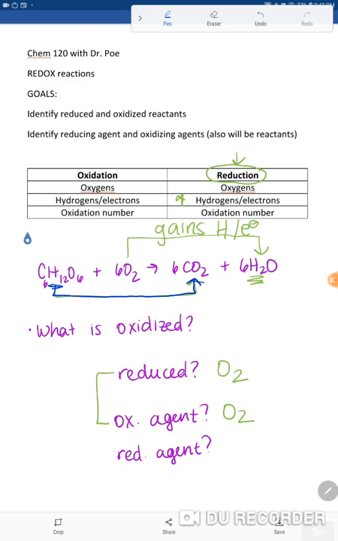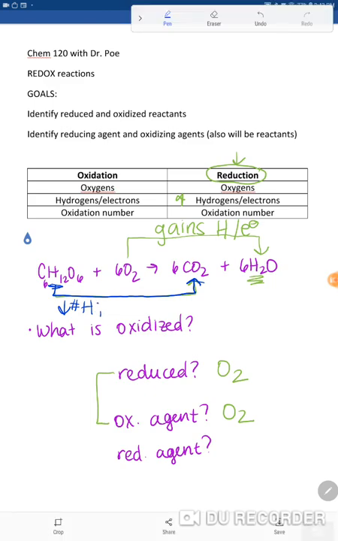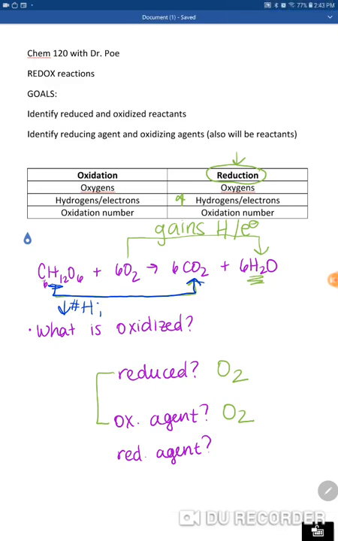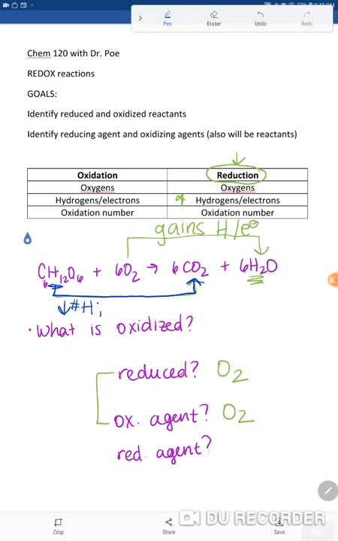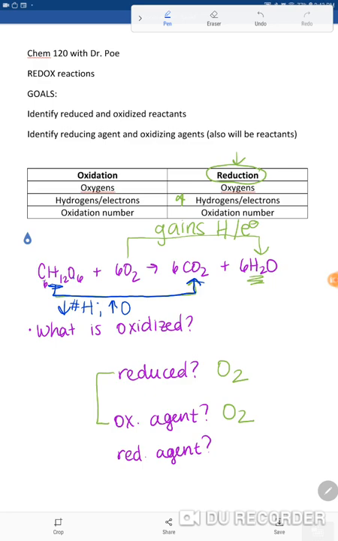So we're seeing a decrease in the number of H's, which also means a decrease in the number of electrons. We are also seeing that here the carbon to oxygen ratio is 1:1, and here the carbon to oxygen ratio is 1:2. This is also an increase in oxygen if you break down the molecule. So there's a couple different ways you can think about it.